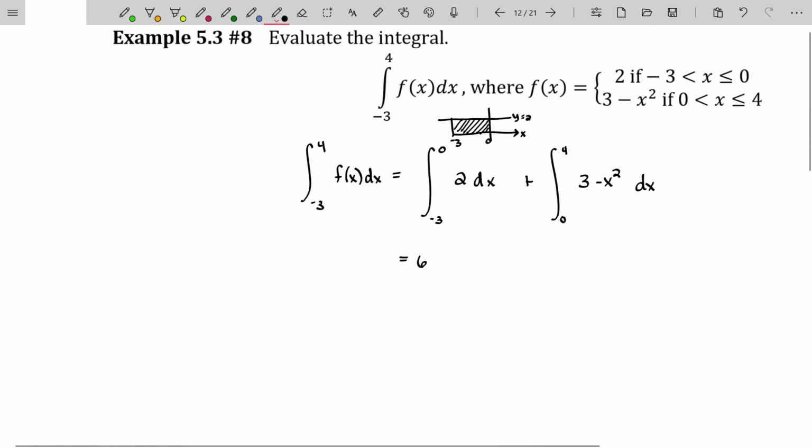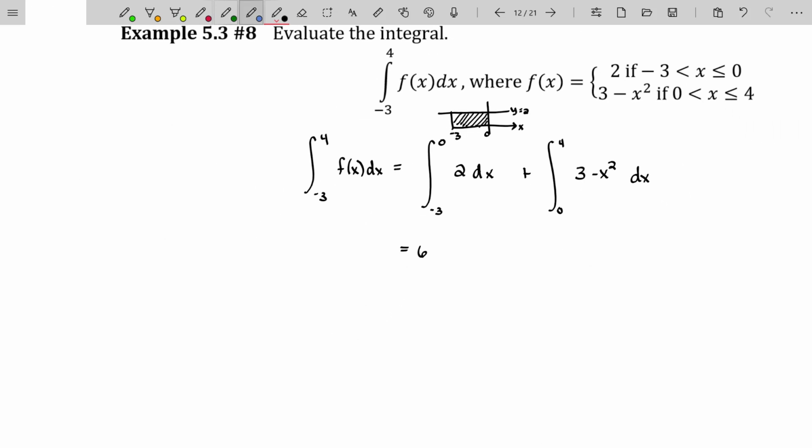If you want to be very mechanical about it, you're more than welcome to do that. You could, I'm just going to pull it out over here, you could say, well, the integral from -3 to 0 of 2 dx, well, the antiderivative of 2 is 2x. That's what you would take the derivative of to arrive at 2.